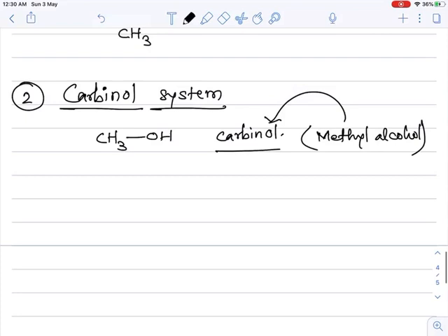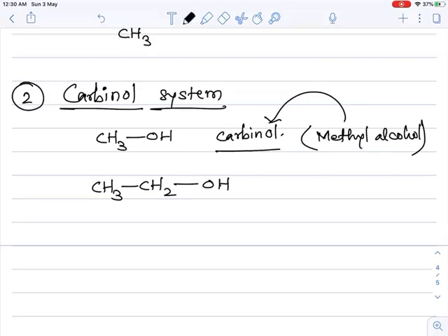If we take another example, according to the carbinol system, a two carbon containing alcohol, CH3CH2OH. One carbon containing alcohol is considered a carbinol, and to this carbinol a CH3 group is attached.